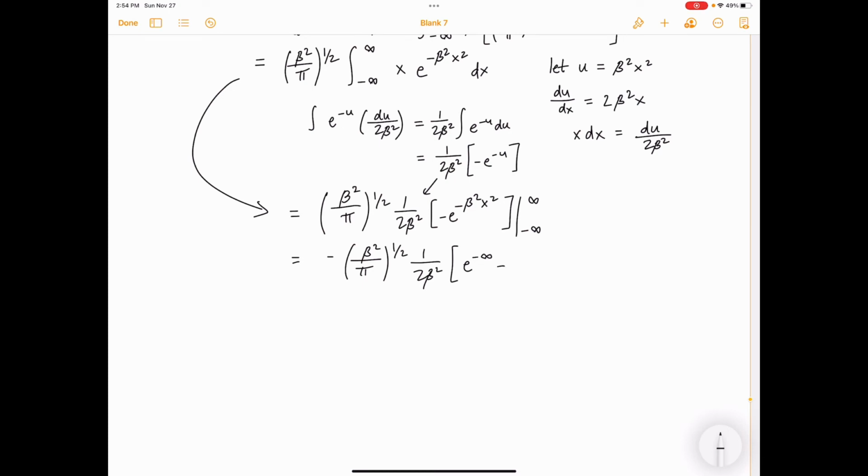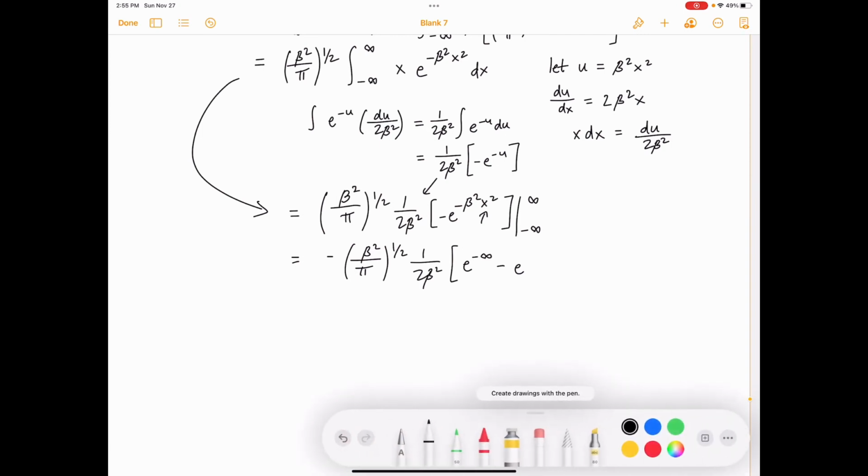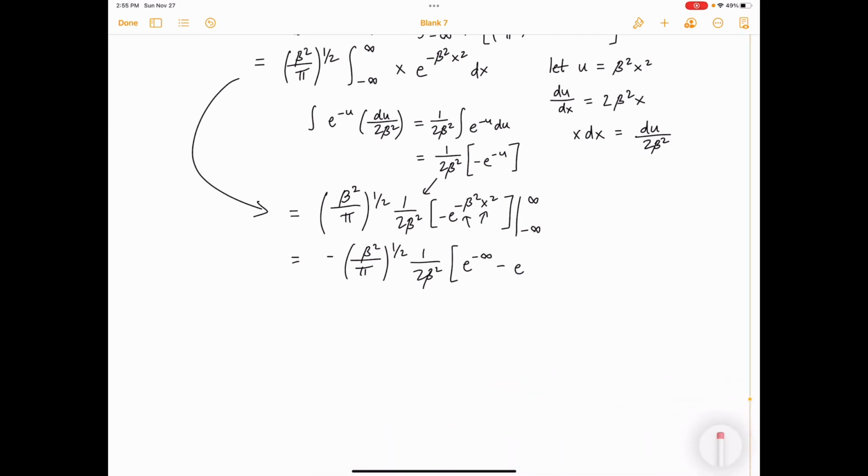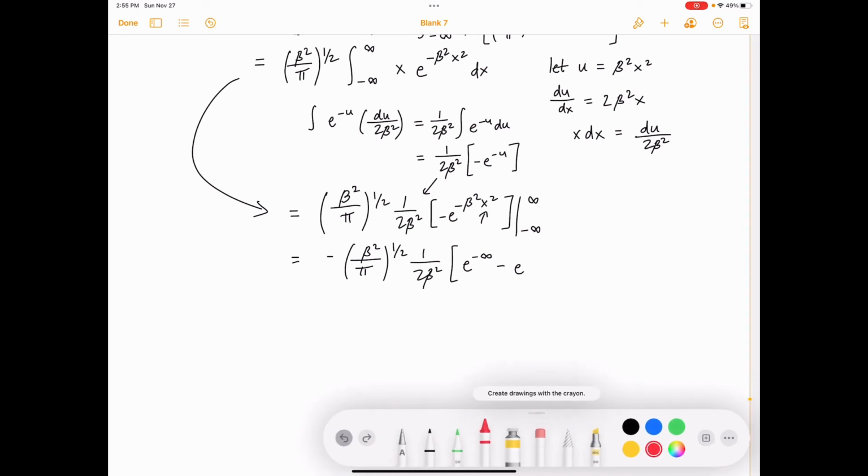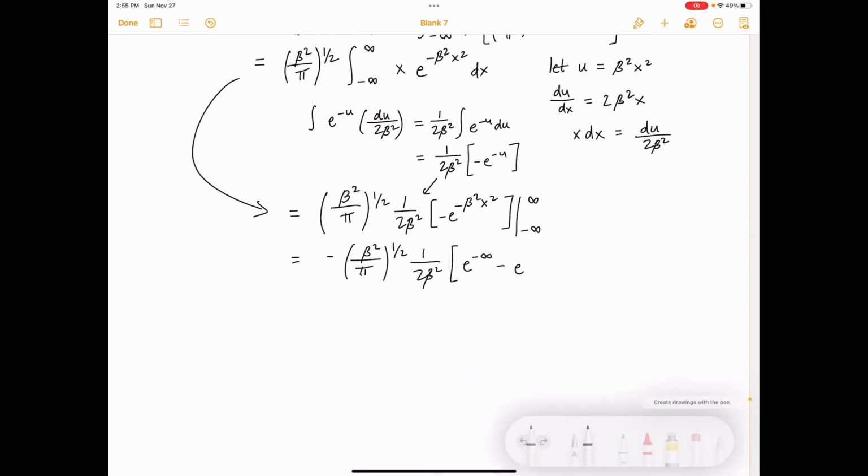And then I have to now subtract what I get when I plug in the bottom limit. My bottom limit is x equals minus infinity. But if I square that, well, the negative sign goes away. So it's like plugging in infinity right here. And there's already a negative sign right there. So this is like e to the minus infinity overall.